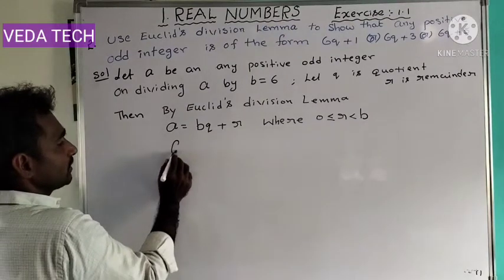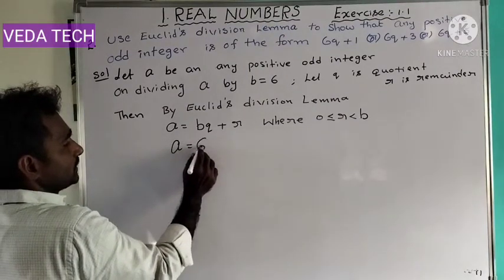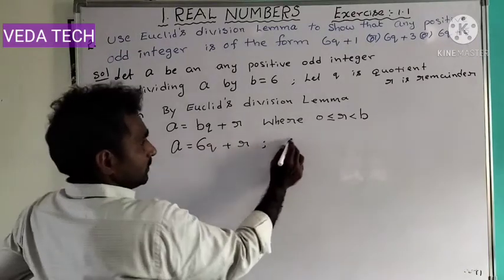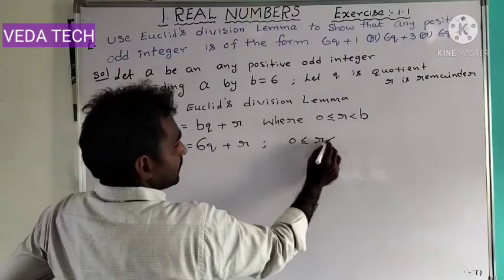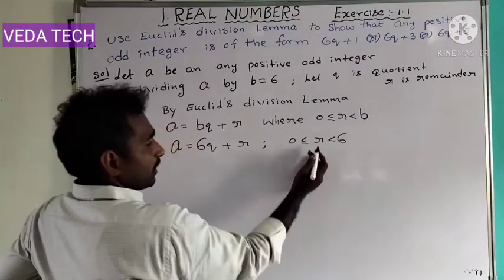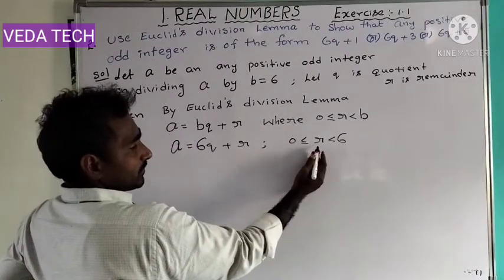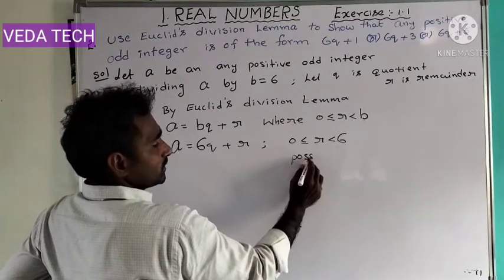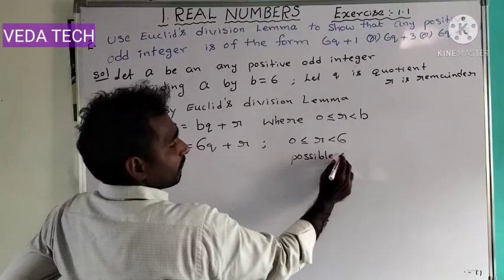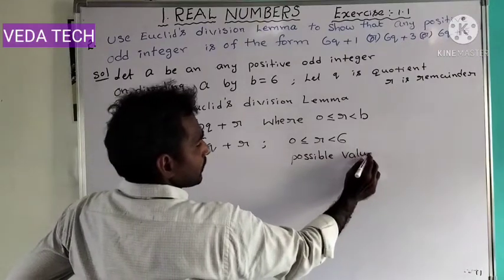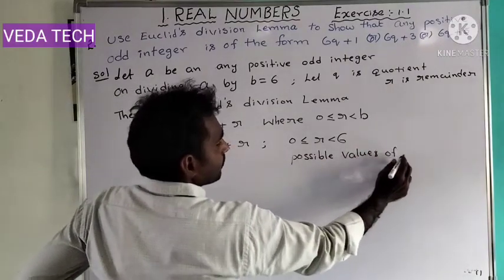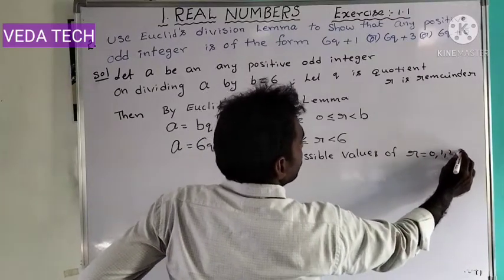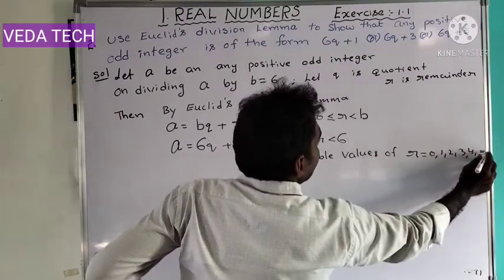So a is equal to 6q plus r, where 0 is less than or equal to r, which is less than 6. The possible values of r are 0, 1, 2, 3, 4, 5.